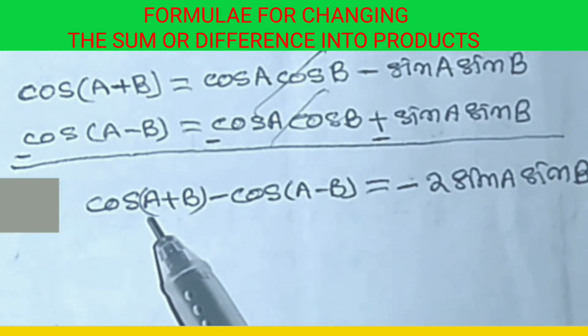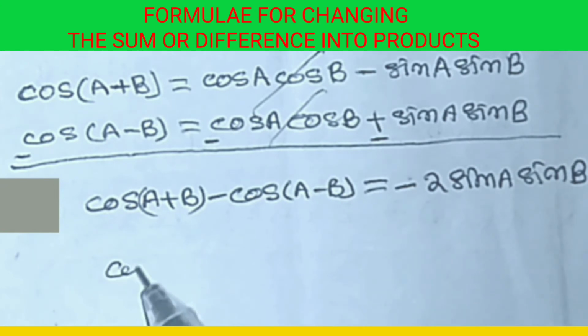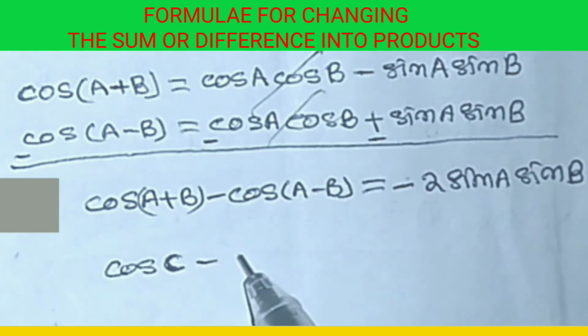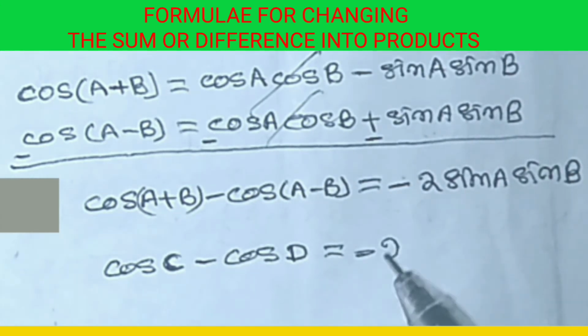Here A plus B is equal to C, A minus B is equal to D, A is equal to C plus D by 2, B is equal to C minus D by 2.